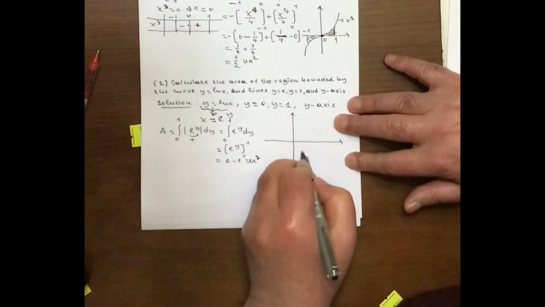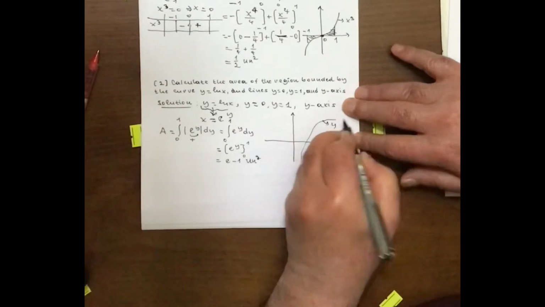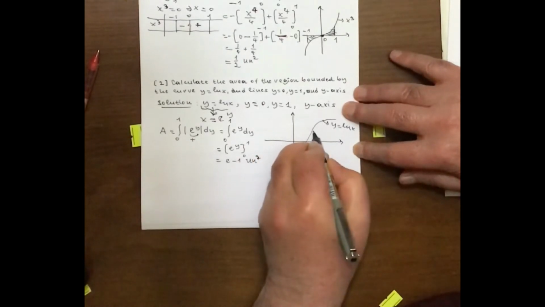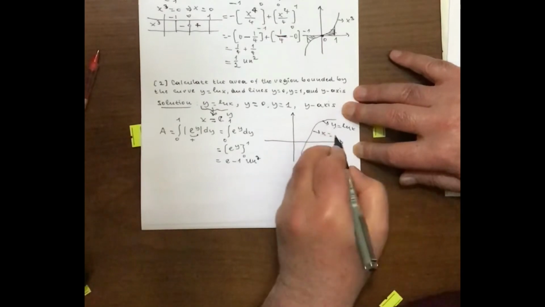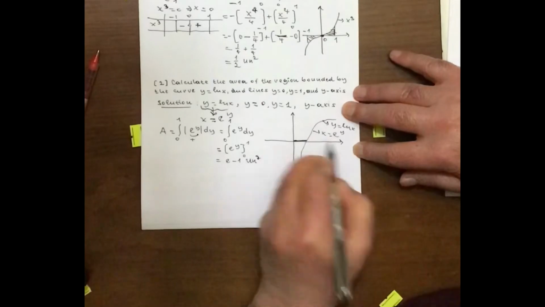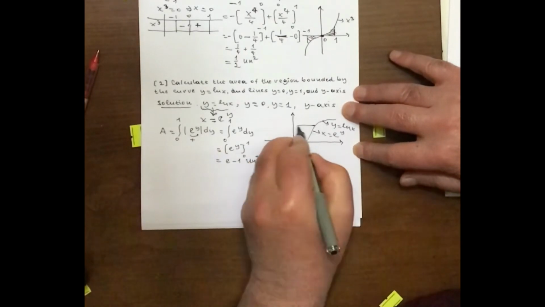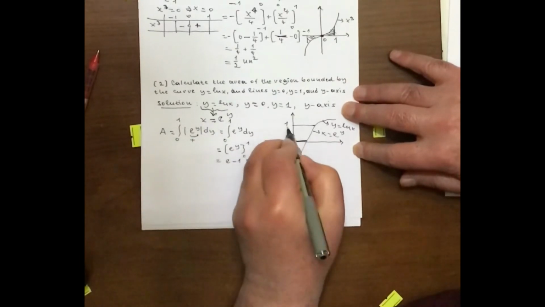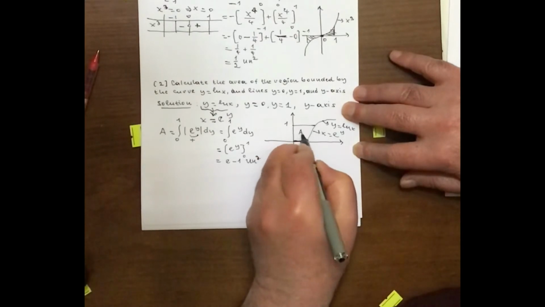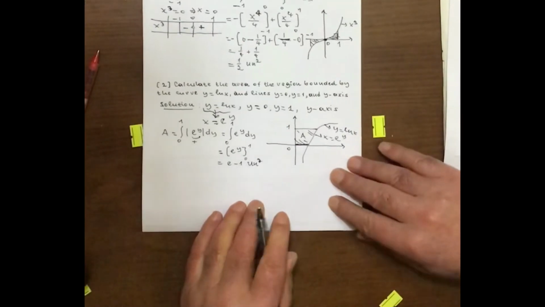Now this is our function ln of x, which means that x is e to the y. This is our lower limit, and this is our upper limit 1, and this is our x-axis. The area is here.